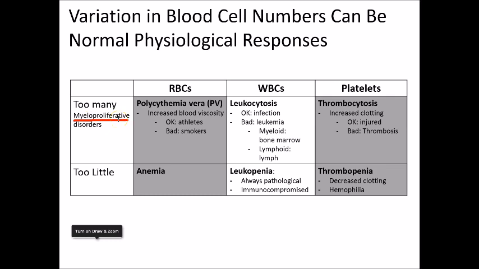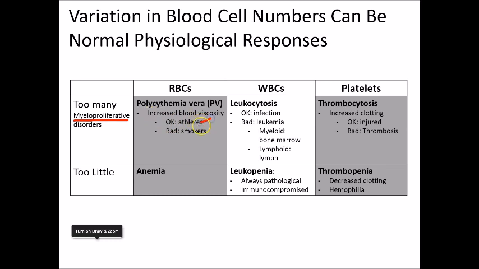Proliferative means proliferate, too many things. The most common one of those is called polycythemia vera with red blood cells. It's really not a great name because poly, many, cyte, cells, emia, blood, but it's just specific to red blood cells, not general. And it increases viscosity, as we talked about before.